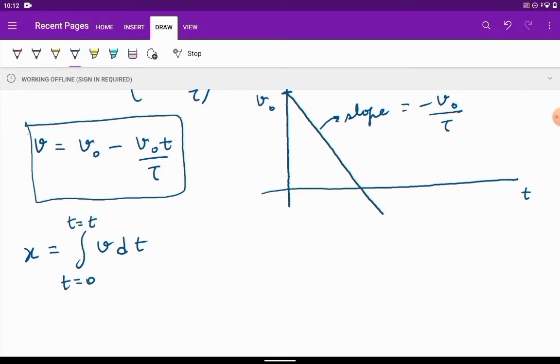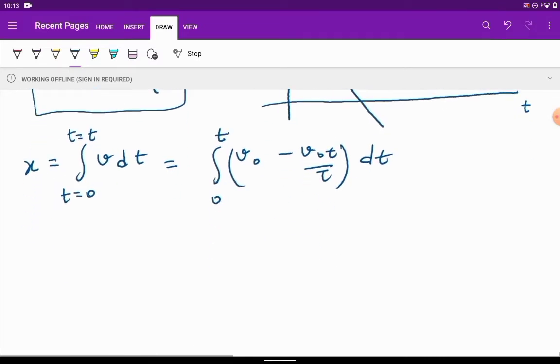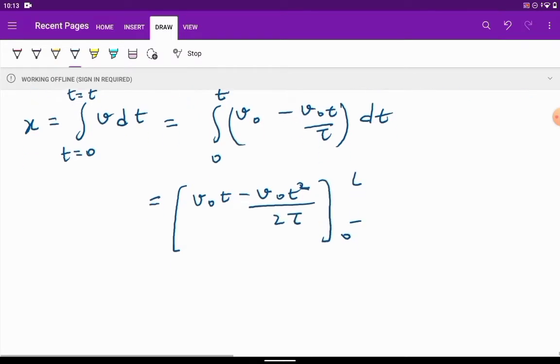So this becomes integral of v naught minus v naught t by tau times dt from 0 to t. So if we integrate, it becomes v naught t minus v naught t square by 2 tau from 0 to t, and at 0 it is 0 and at t it is the same. So v naught t minus v naught t square by 2 tau.